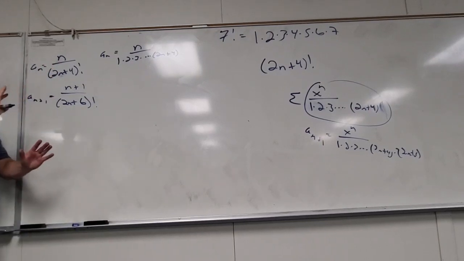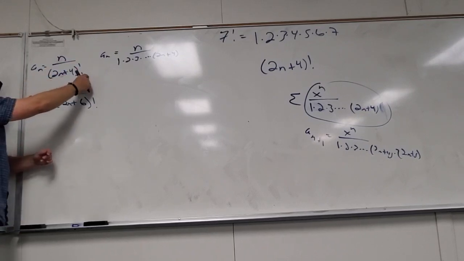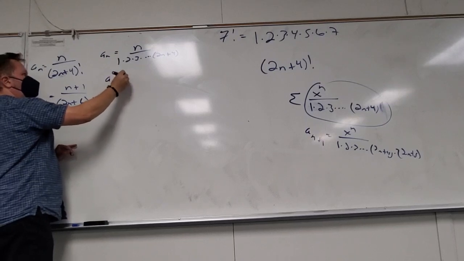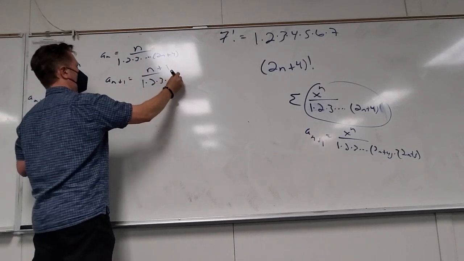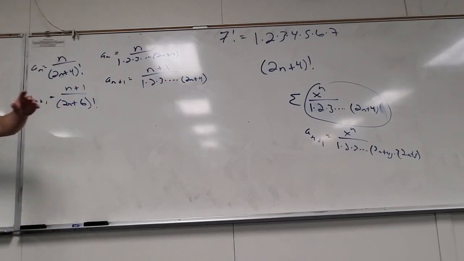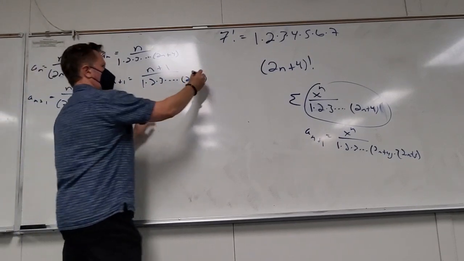Let me make sure it's cool, right? That's just writing exactly what factorial means. Factorial means this times 1 less, all the way down to 1. What would a_n plus 1 be? 1 times 2 times 3 times 2n plus 4. Now here's what gets a little tricky. If I put an n plus 1 in, don't I get 2n plus 6? So you multiply it again.